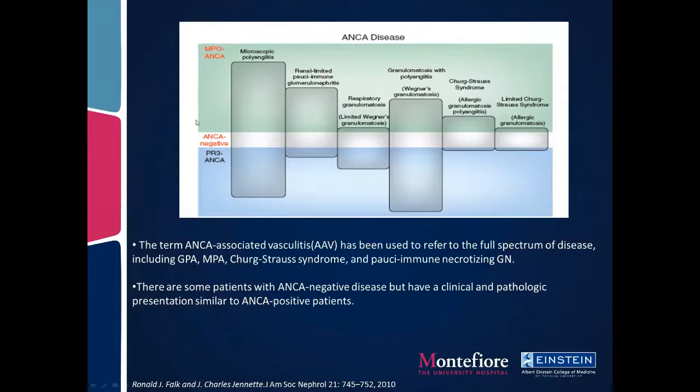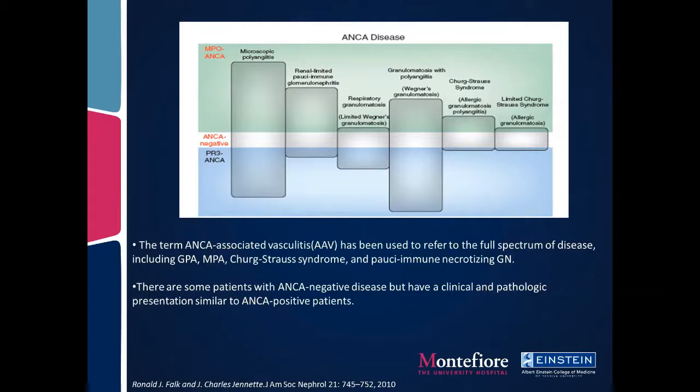So if you have somebody with ANCA vasculitis on biopsy, you either classify them as having MPO ANCA vasculitis or PR3 ANCA vasculitis. It all depends on what serologies they are positive for. So they can either be MPO ANCA positive, PR3 ANCA positive, and about 5 to 10% of patients will not have any positivity for ANCA in the blood work.